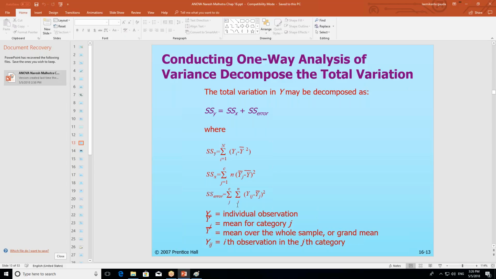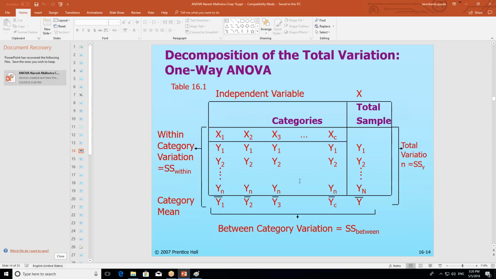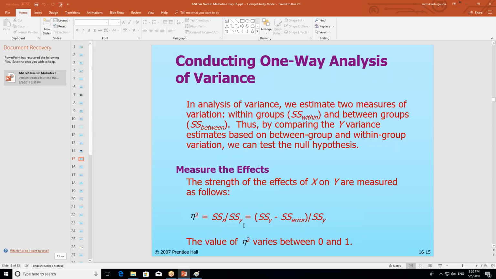So this is all fine, and this is what they have done, and the measure of effect is SSX divided by SSY. Yeah, this is what I made a mistake on.